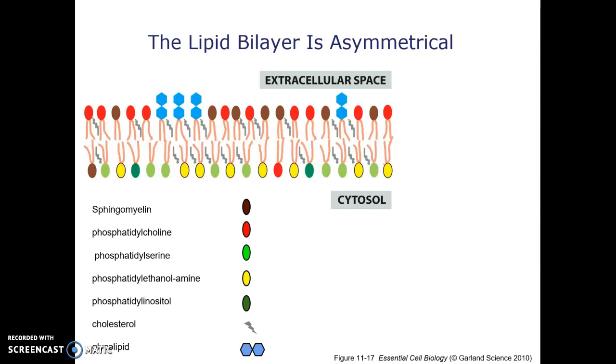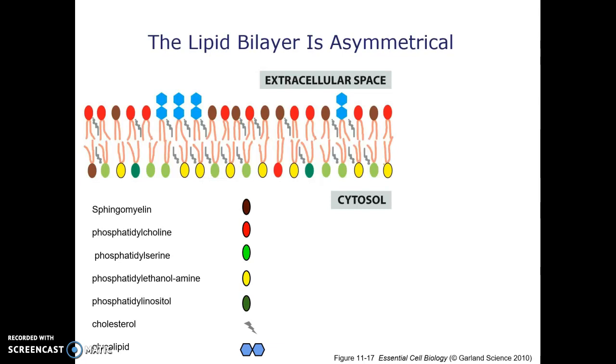Phosphatidylinositol is on the inside because it's important for signaling. Phosphatidylserine is also a signal, but it's a signal for cell death or cell suicide. If there are ever any phosphatidylserines in the outer leaflet, then that is a signal to start apoptosis.